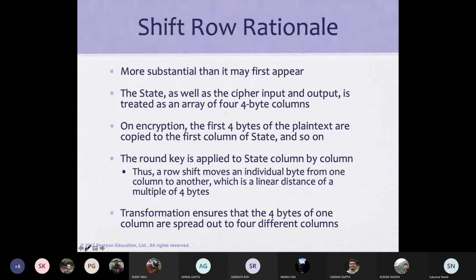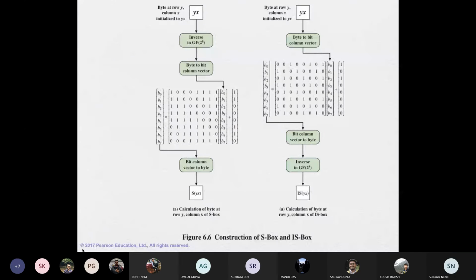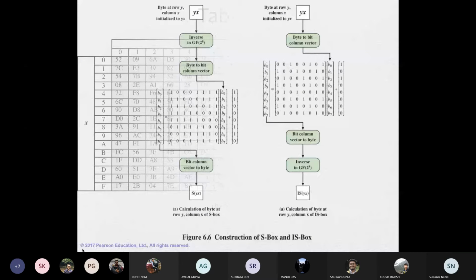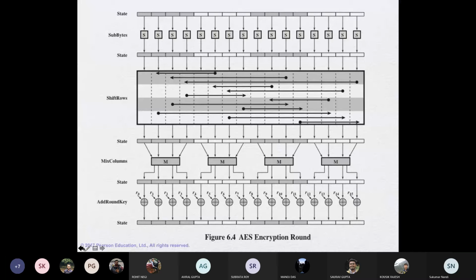So we have four important operations in AES per round. One is substitution byte, one is shift row, another is mix column, and last one is add round key.